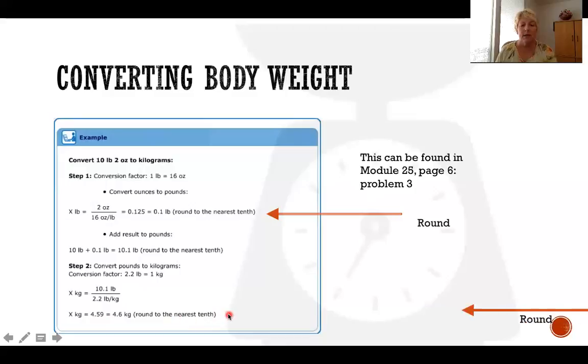It is once again rounded to 4.6. This is now the calculation that you will use to plug into the formula when you're calculating a drug dosage for, in this case, pediatric patients. So I encourage you to review this and to use this in calculating the answers for your problems on this test and in the future.